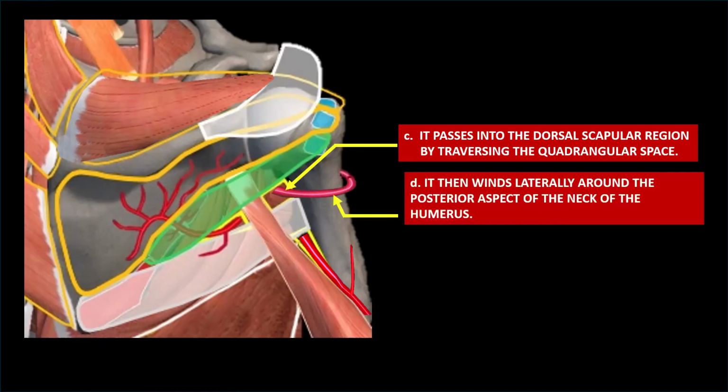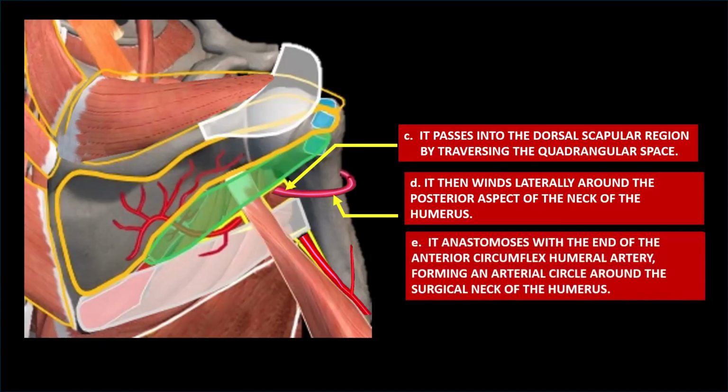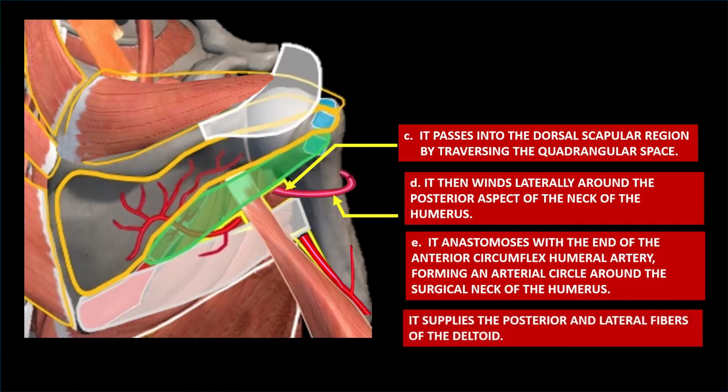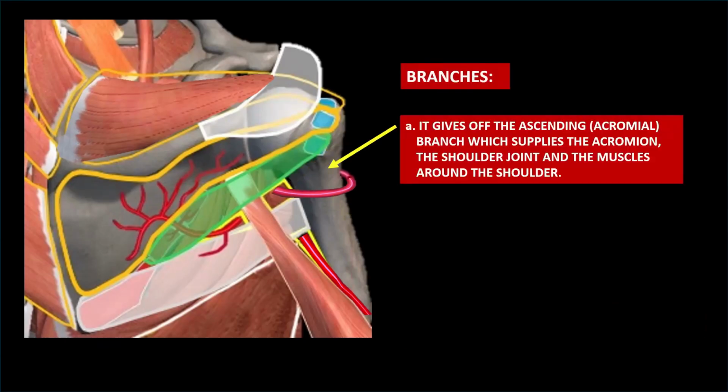It then winds laterally around the posterior aspect of the neck of the humerus. It then anastomoses with the end of the anterior circumflex humeral artery, forming an arterial circle around the surgical neck of the humerus. It supplies the posterior and lateral fibers of the deltoid. Branches.